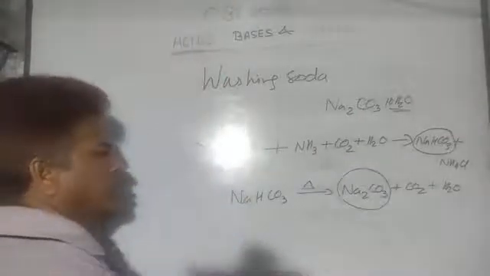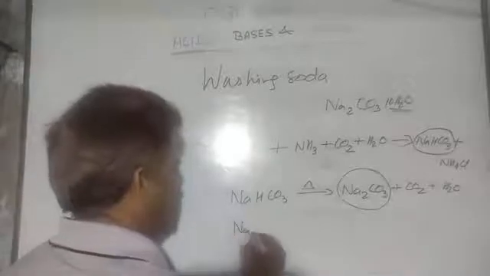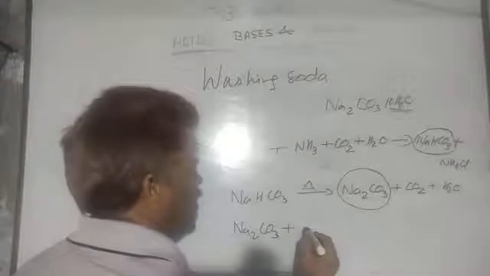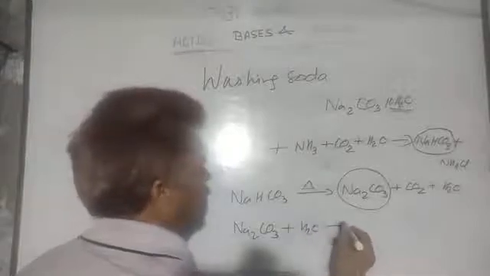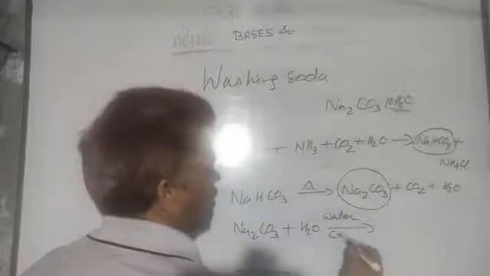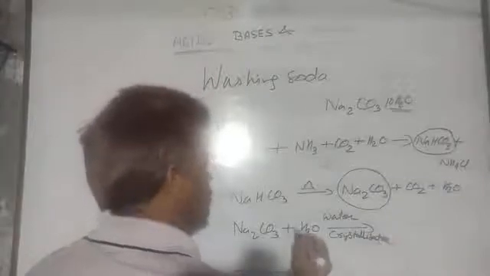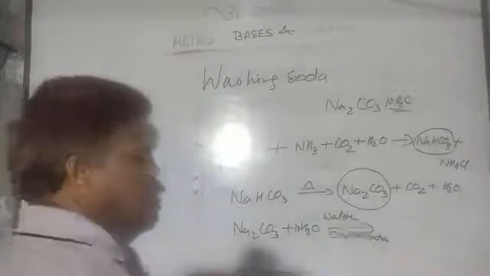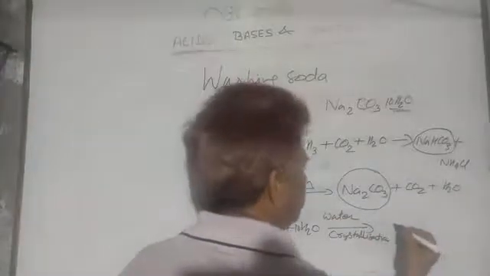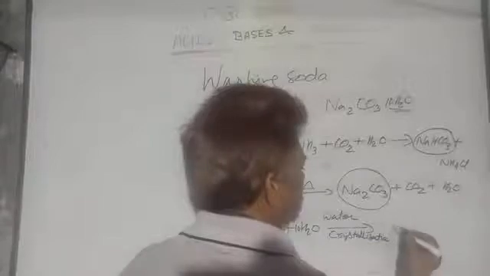This sodium carbonate is filtered, and you can write here above the arrow sign, water crystallization. Under water crystallization, that sodium carbonate associates with 10 water molecules, and that is the washing soda.